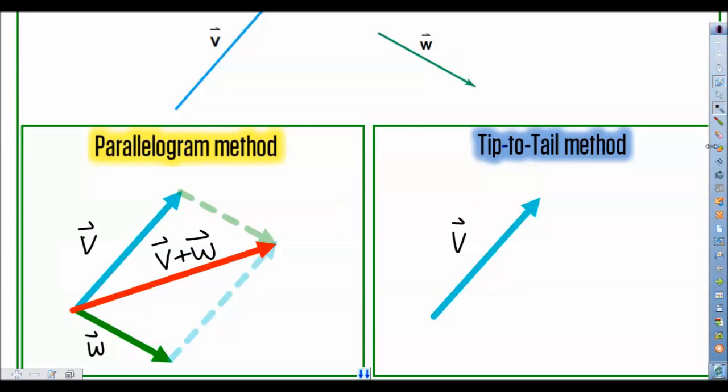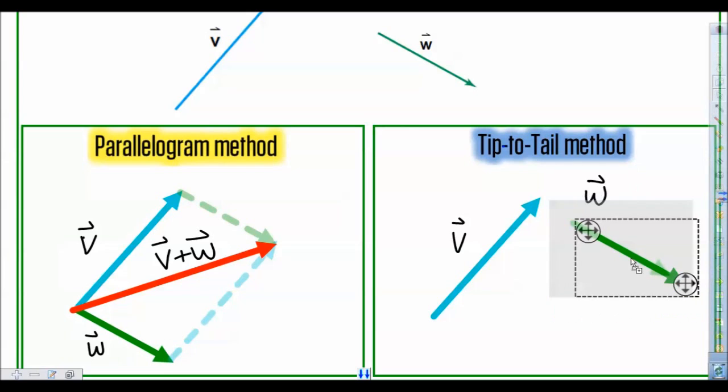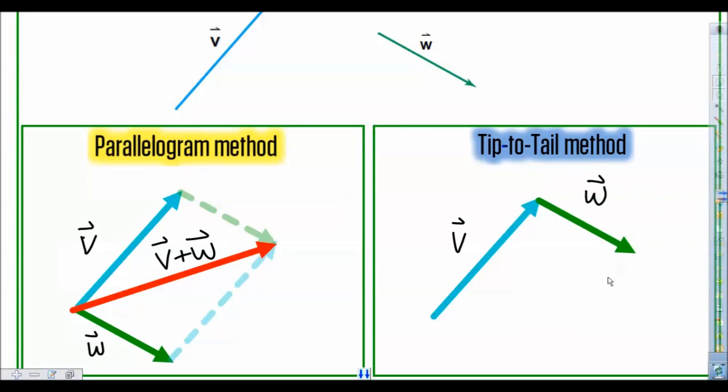Now that I have vector v placed on here, with my second vector, vector w, take the tail of vector w and connect it to the tip of vector v. Boom. So now that we've done tip to tail, we can see our path of movement starts from the beginning at v, travels all the way to the tip of v, and then w picks up where v left off and travels here.